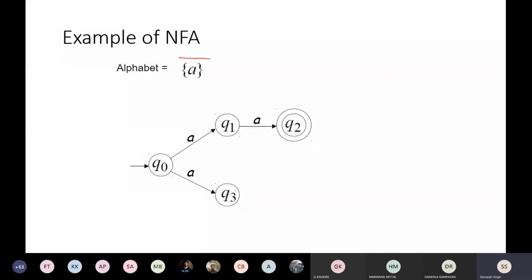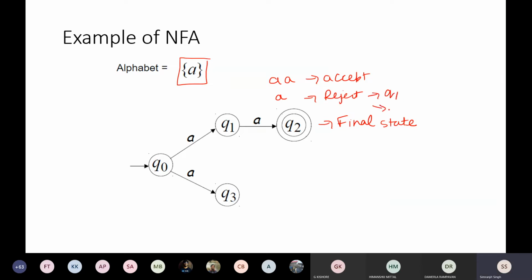See clearly here, the input alphabet is only A. A is accepted here because it leads to the final state. But if you take another path for A, it is rejected if it lands at Q1, and it is also rejected if it lands at Q3. Q3 here is a dead configuration. There is no input defined, and it is not a final state.